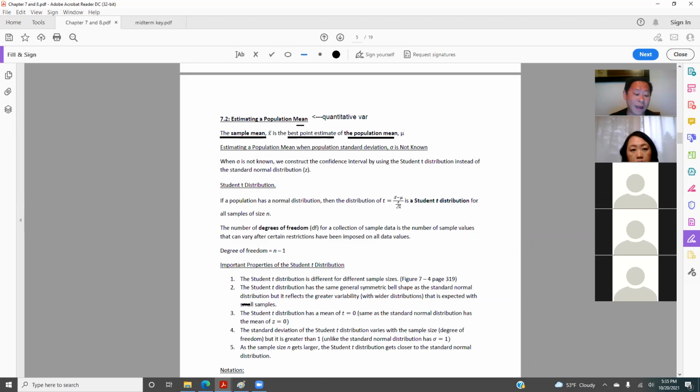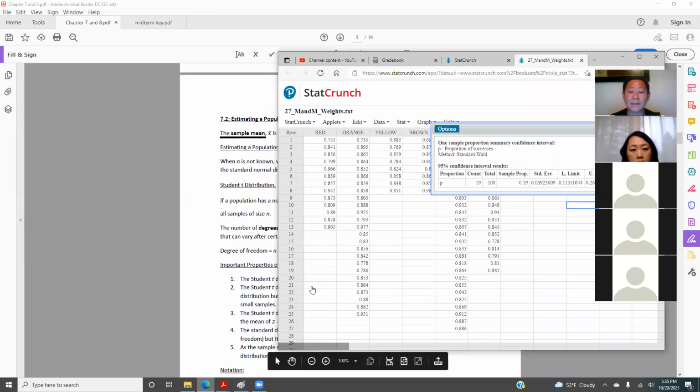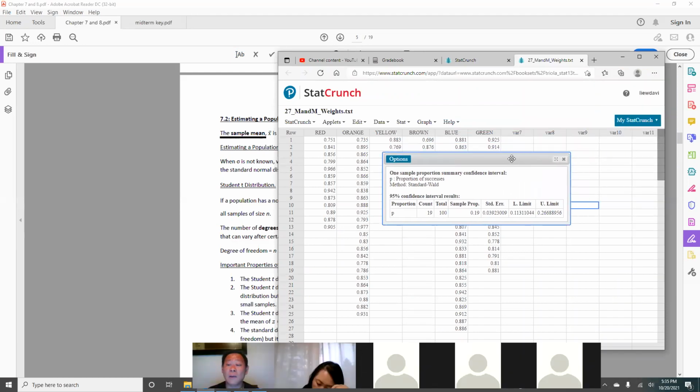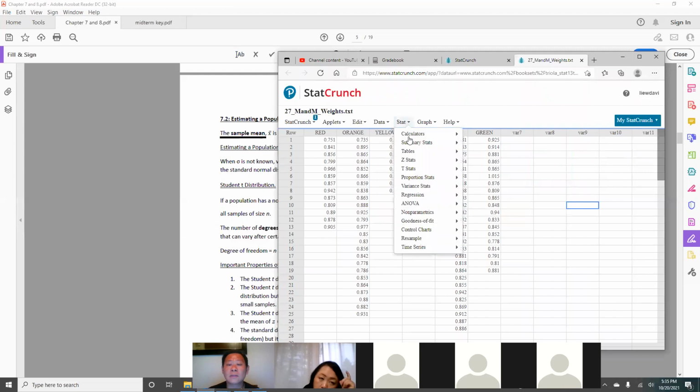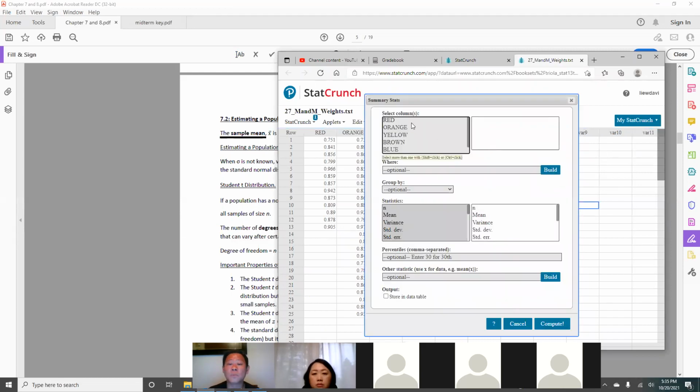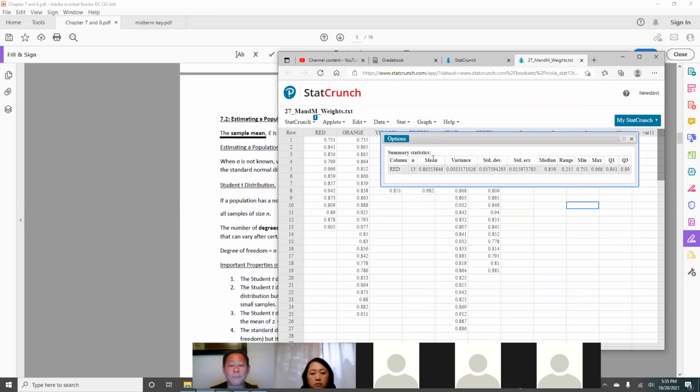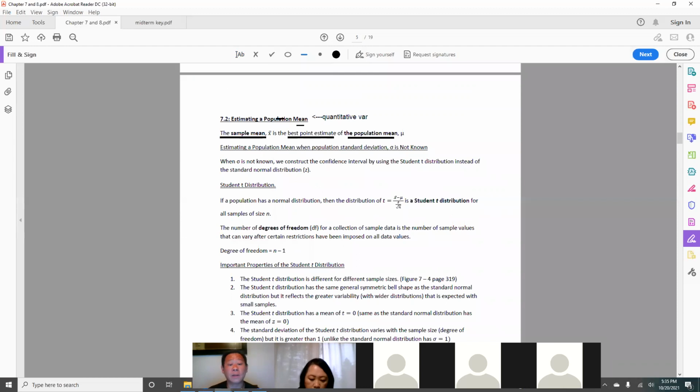If a question provides you data, then you just use the summary stats. Remember we did it, you go to Stats, Summary Stats, Columns, and then you pick, let's say, rate, and you find the mean. So this is the sample mean in this case. It depends on the questions, what they provided to us.